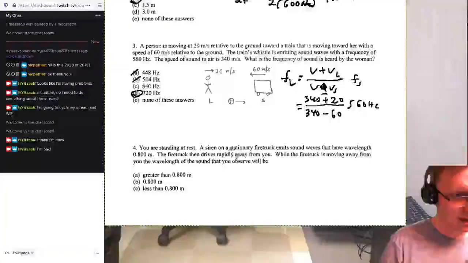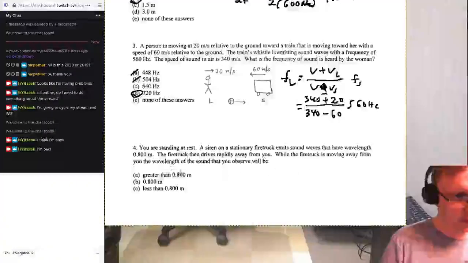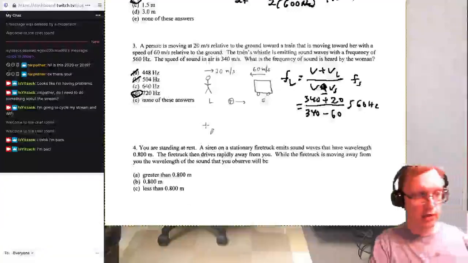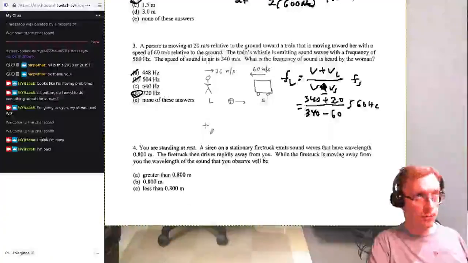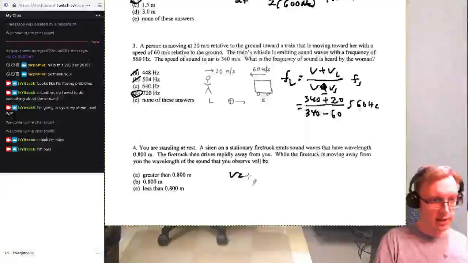You are standing at rest. A siren on a stationary fire truck emits a sound wave with wavelength 0.8 meters. The fire truck then drives rapidly away from you. While the fire truck is moving away, the wavelength of the sound you observe will be... We expect the sound to drop pitch. V is equal to f lambda.